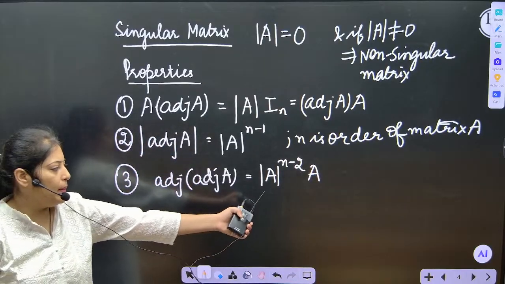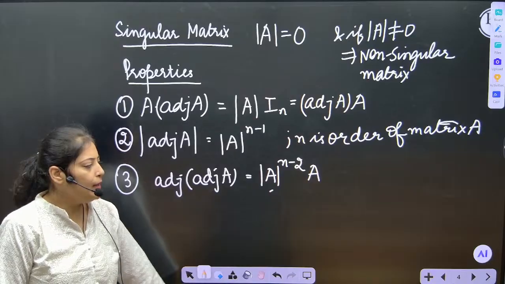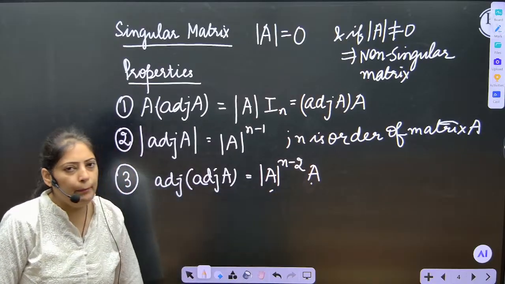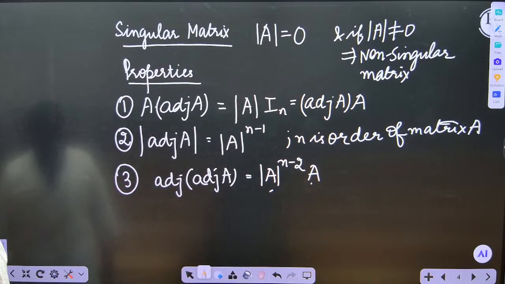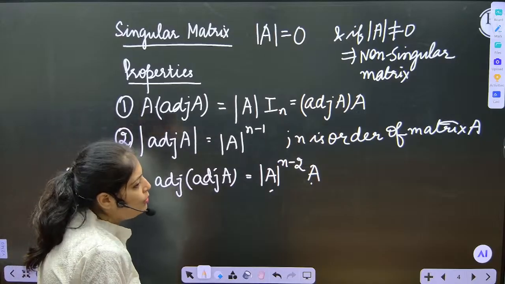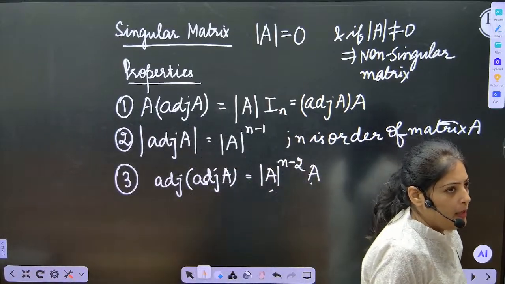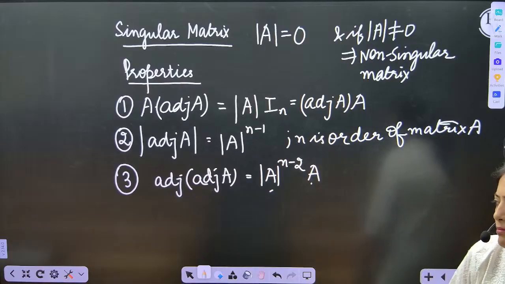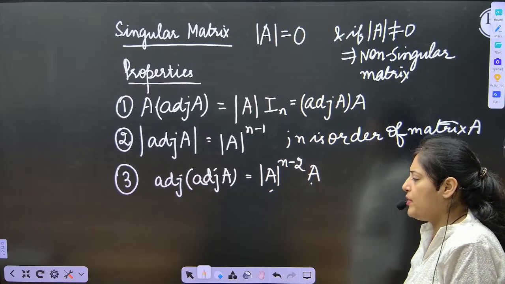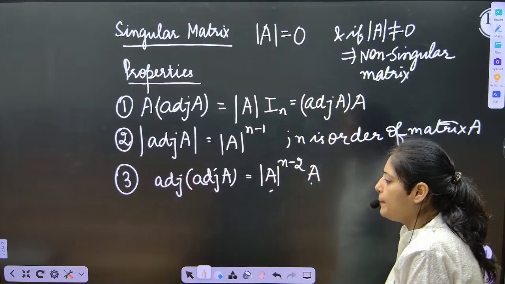This is a determinant, a scalar value. This is a matrix. It will come out to be a matrix where determinant of A raised to power n minus 2 into the matrix A. These properties I'll explain to you also with the help of examples. No issue.